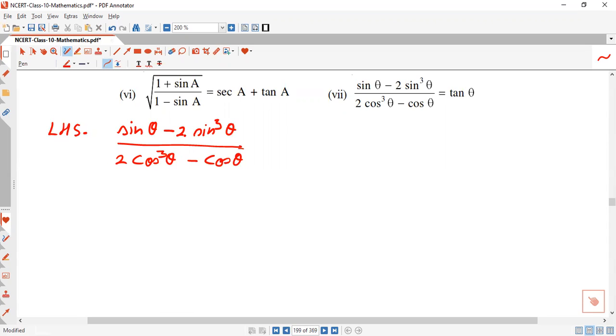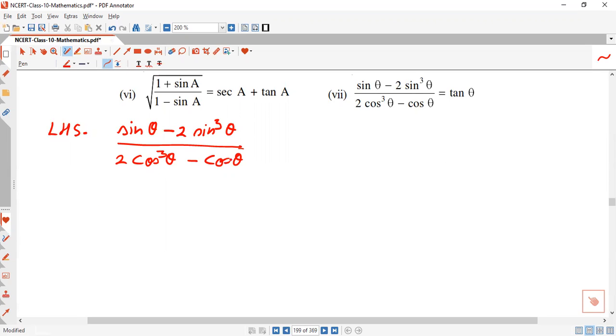I will separate the terms: sin theta minus 2 sin cube theta, and 2 cos cube theta minus cos theta. Divide by cos theta, because I want to make tan theta. Simplifying, take sin theta and cos theta common.